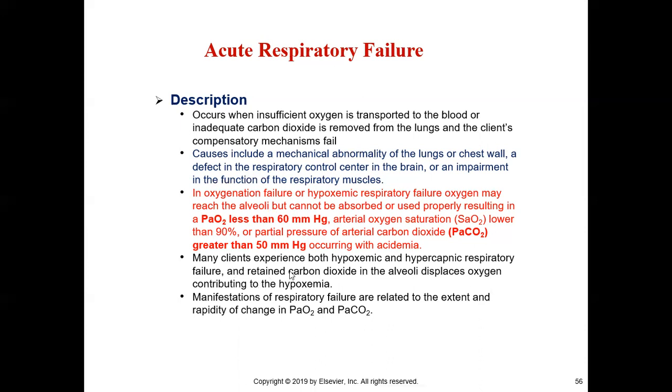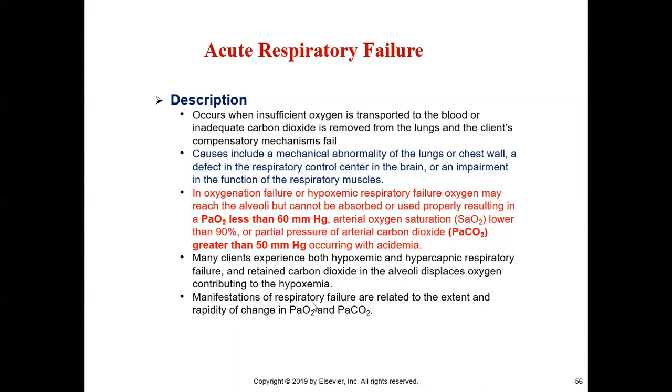Many clients experience both hypoxemia and hypercapnia. Oxygen is reduced in the blood, but carbon dioxide increases. This leads to respiratory failure, and the retained carbon dioxide in the alveoli displaces oxygen, contributing to hypoxemia. So all of this reduces the oxygen in the blood, which we call hypoxemia.